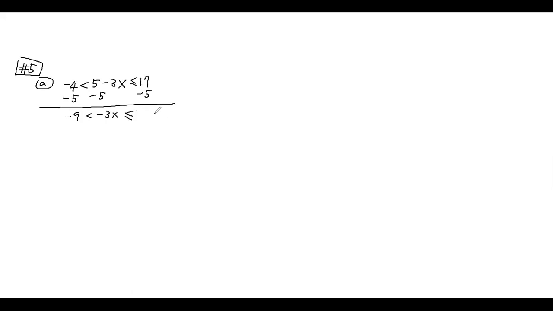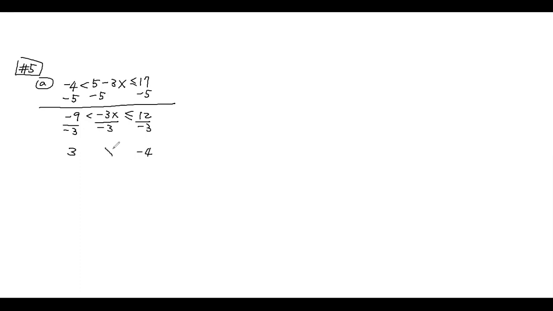And this one will give you 12. In order to solve for x, what I need to do is divide by -3 in every part. When we divide by -3, you have 3 here, and -4 here, right?